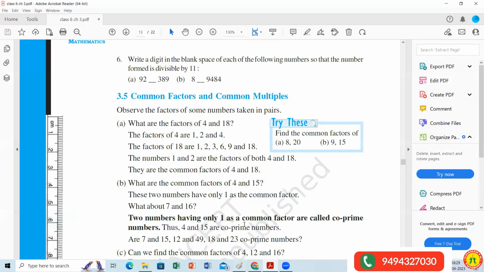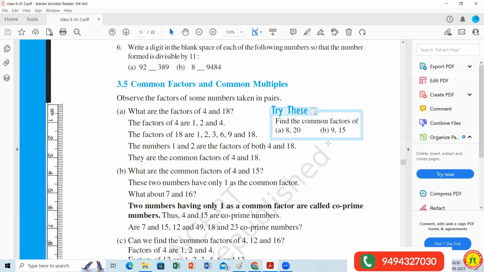Now, the same way, can you find the HCF of 9 and 15? Come on, children, please do that.